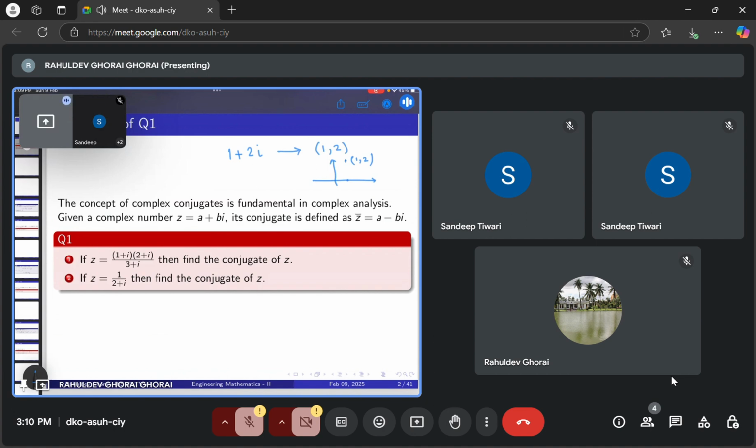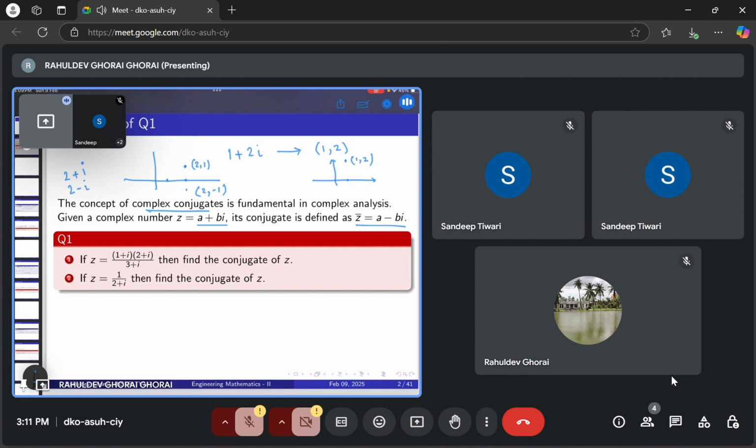And when you say conjugate, let's say you have a point here corresponding to 2 plus i. If it is a plus bi, then the complex conjugate will be a minus bi. So the complex conjugate of 2 plus i is 2 minus i, which corresponds to the point (2, -1).